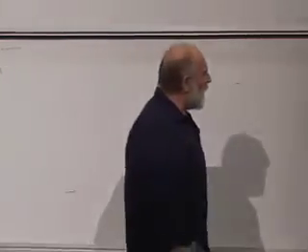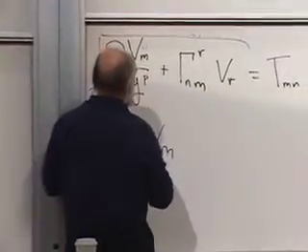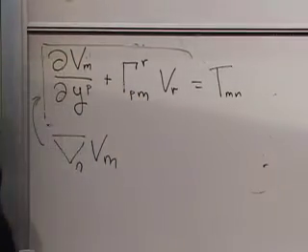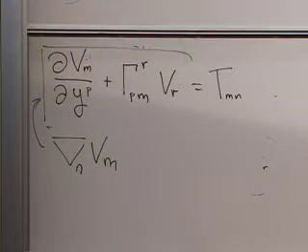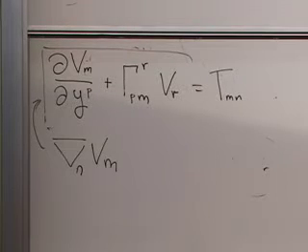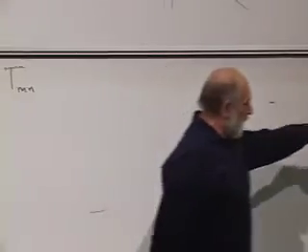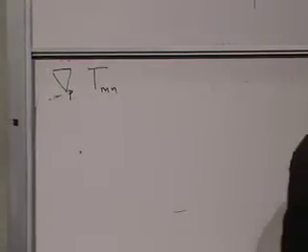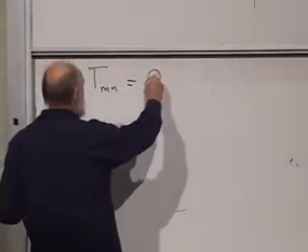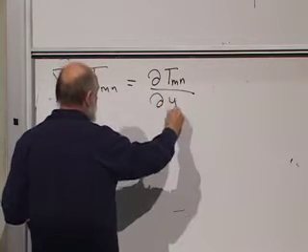I want to change notation here a little bit. I want to call this p. If I call that p, I have to call this p. So let's see, I have Tmn and I want to take its covariant derivative with respect to yp. What does it have in it? Again, it starts out with the ordinary derivative, derivative of Tmn with respect to yp.